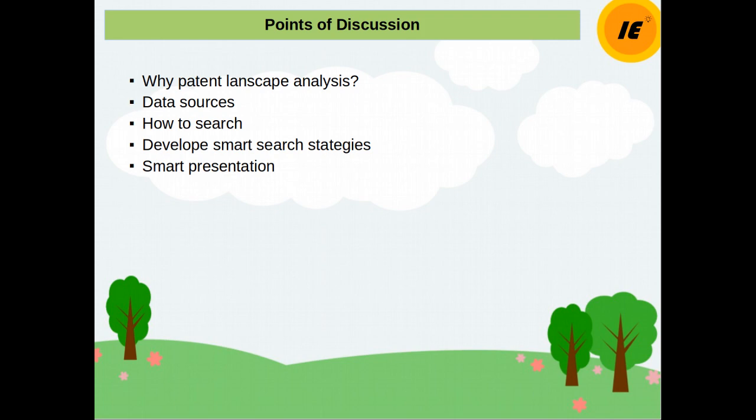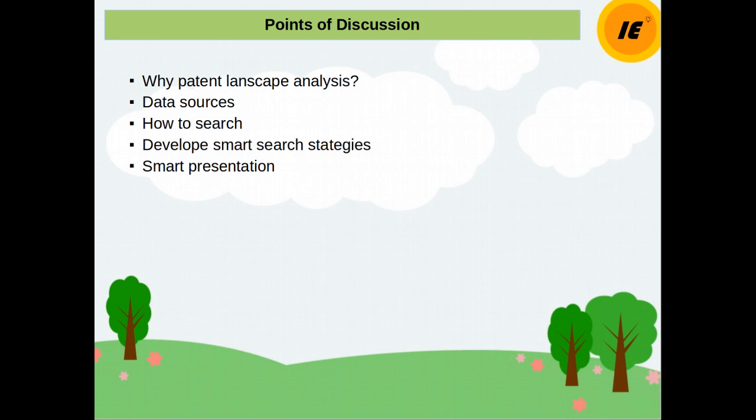First you want to understand how much work has been done, and more importantly how much of that work has been legally defined as belonging to someone else. That is basically a patent, whereas a paper doesn't have any legal boundary; papers are written just so that you can reproduce those results, of course. So that's the reason why you want to do patent landscape analysis.